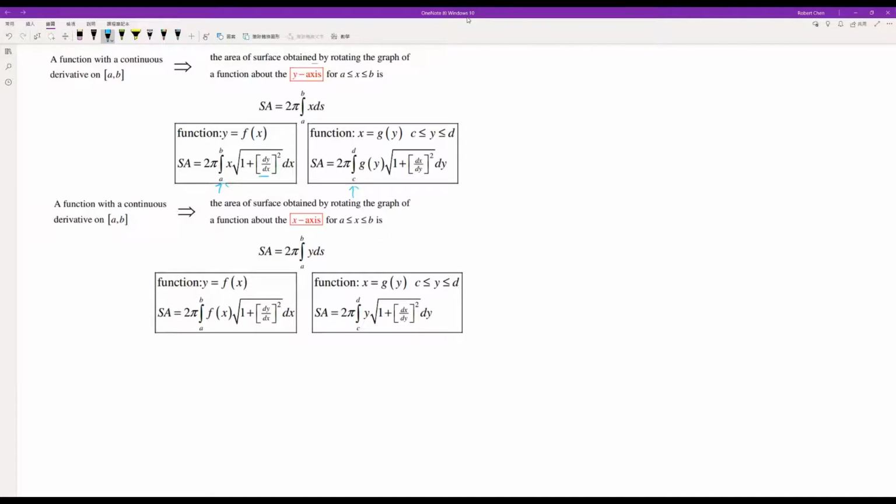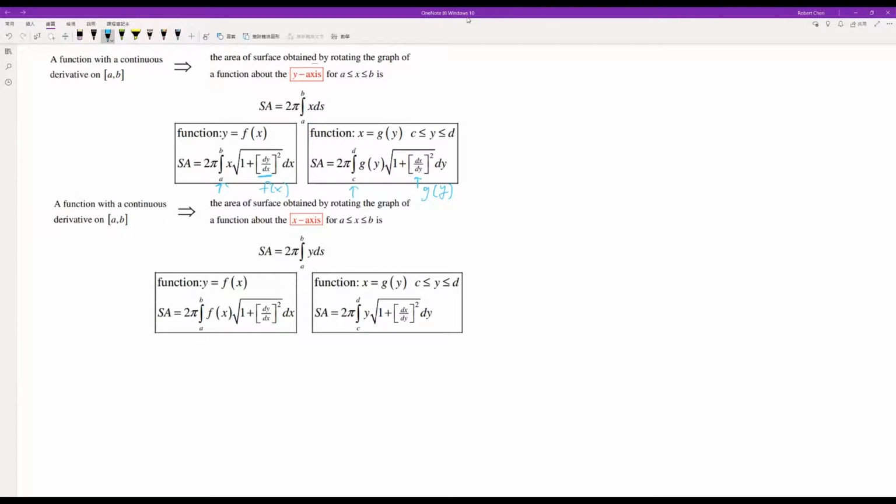And this part is also dy/dx, which means if you're given a function f of x, or y in terms of x, we can use that. Whereas this one is in the difference of y values, c to d. And then you can see that here we have dx/dy, which is x in terms of y, so g of y, for example, would be used in this case, and here it will be f of x. So either of these will work depending on the situation that is given.